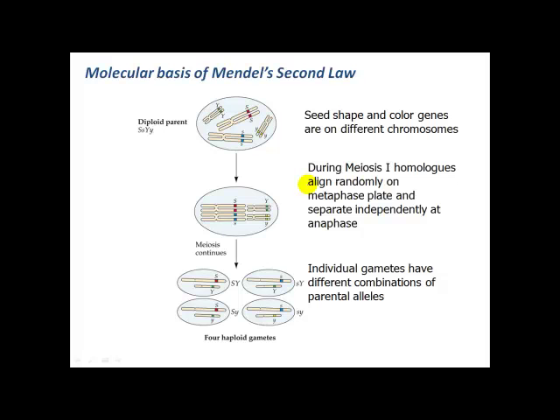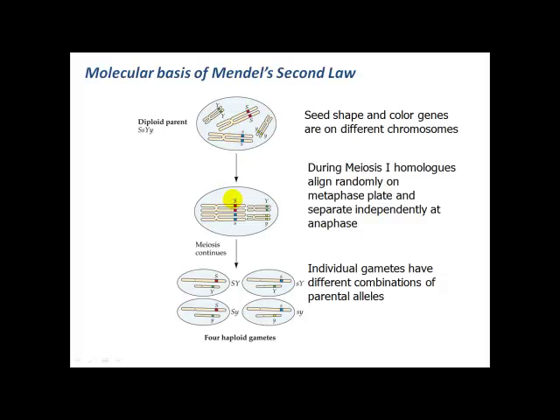Well, Mendel's second law of inheritance is describing the behavior of homologous chromosomes and chromosome pairs with respect to other homologous chromosome pairs during meiosis and the way that they align during metaphase of meiosis 1. So remember that we said that these pairs of homologs or tetrads align in two possible orientations.